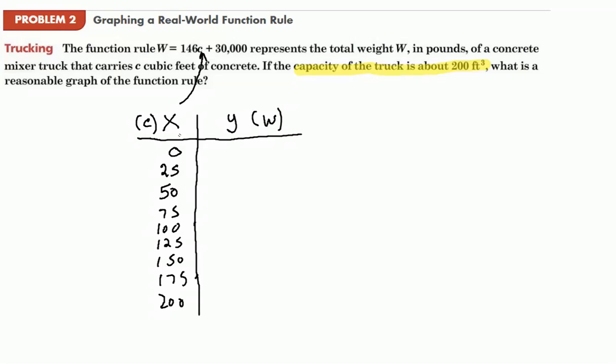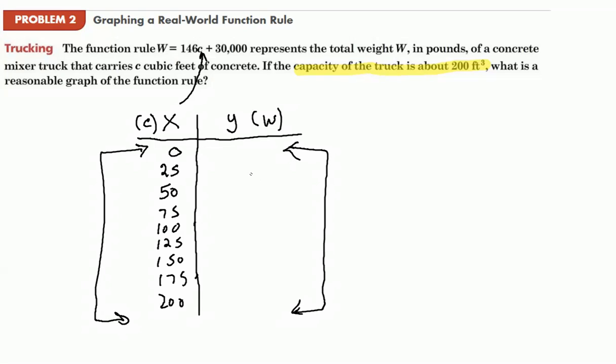That's not a lot of points, but you could see how this is a reasonable domain for the x, so that I can get a reasonable set of values for our range, for y, and then we can go ahead and graph it, and it gives me a pretty good representation. So that's what we're talking about being reasonable.